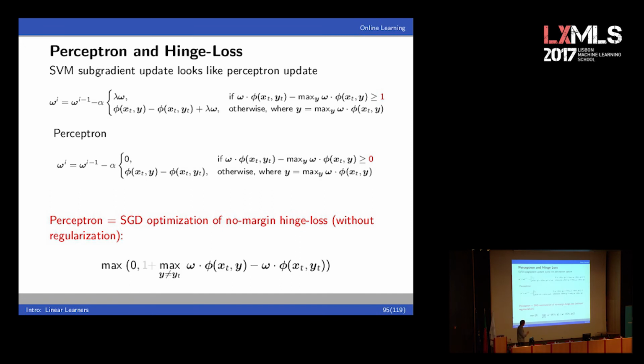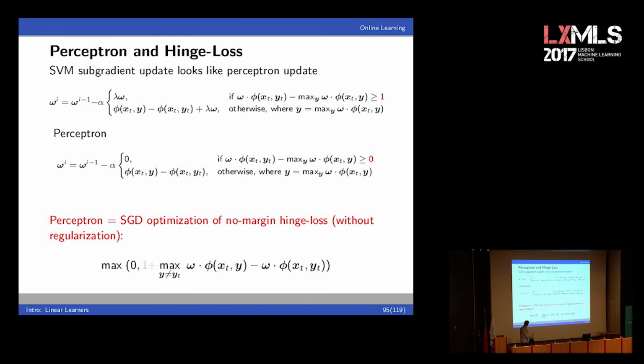And how does the perceptron relate to this? The perceptron is actually the same hinge loss objective as the support vector machine, just without regularization. The objective says not that the margin has to be 1, but that the margin has to be 0, so we just have to make the right classification. This is how people later rephrased the perceptron as a hinge loss optimizer.